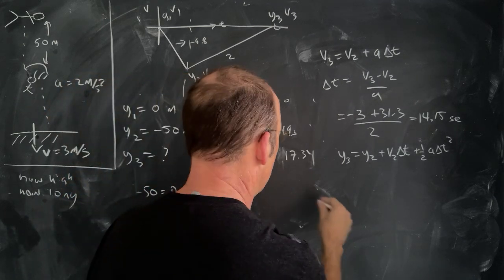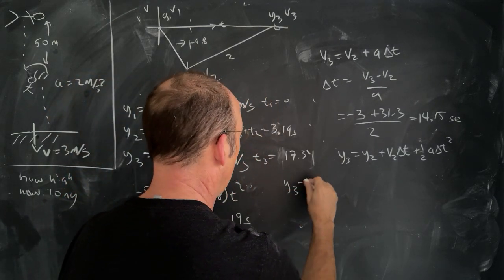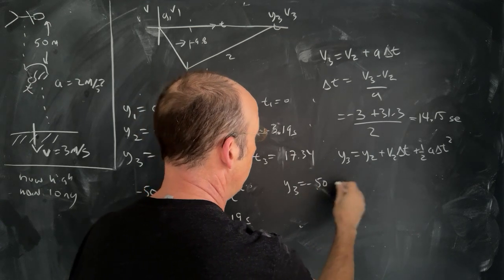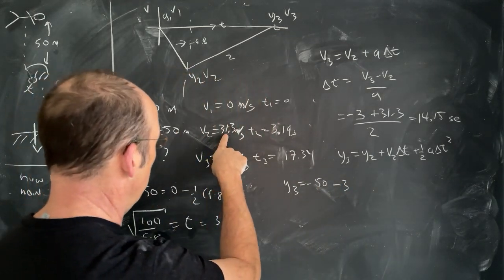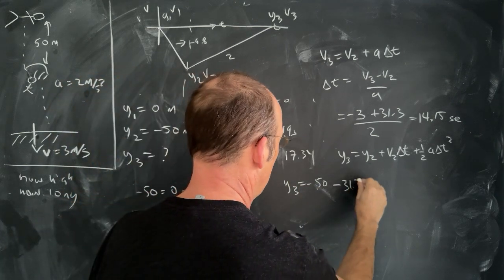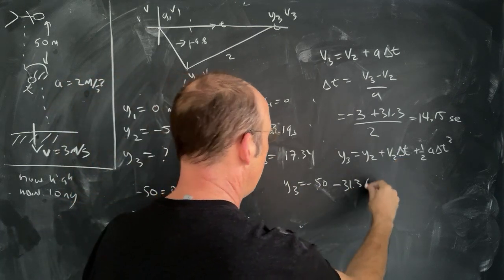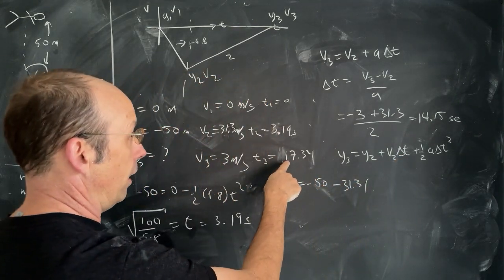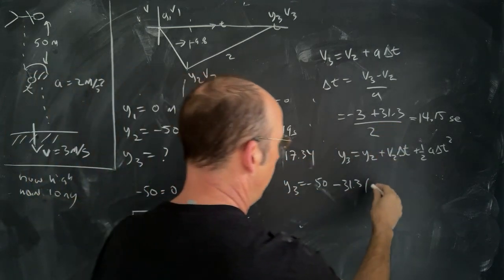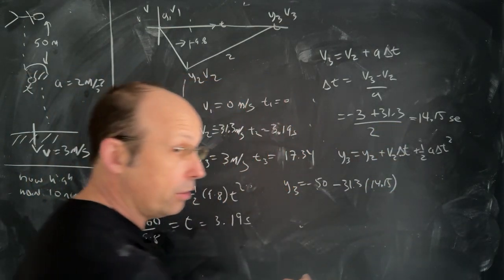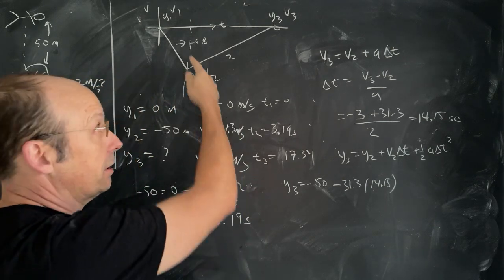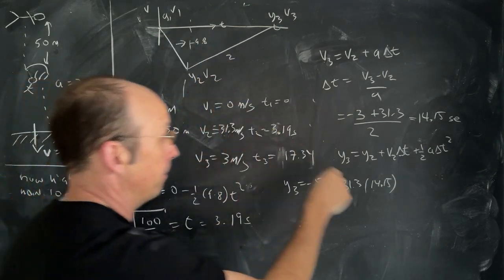So y3 is going to be y2, which is negative 50, v2 is negative 31.3, and delta t is that time that I solved right here, 14.15 seconds. You can't use t equals 0 because the acceleration is not constant going from there to there.